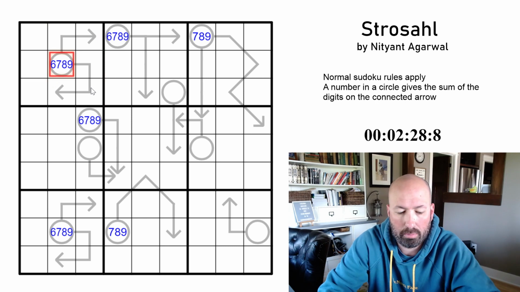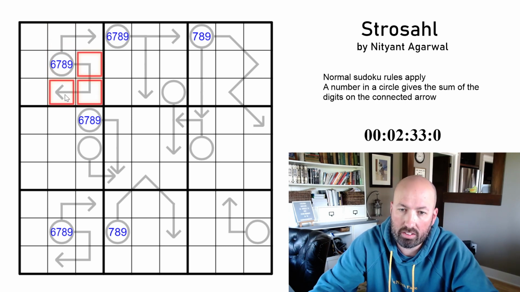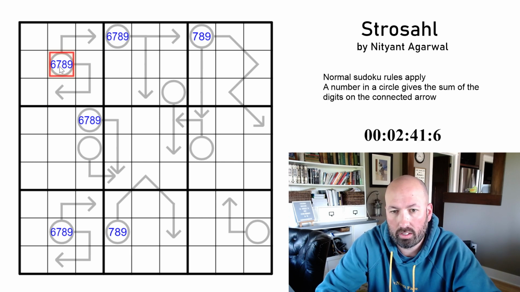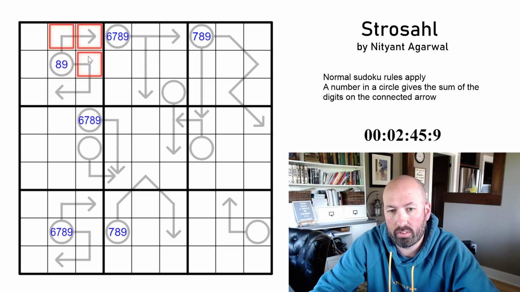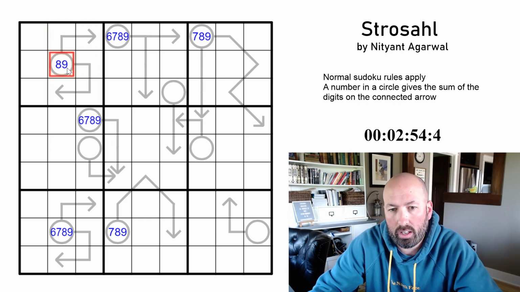So it obviously can't be 6, because whatever number is in here is going to be the sum of that and the sum of this. So essentially these 5 are going to equal 2 times this number. So it can't be 6. It also can't be 7 because 15 was the minimum, and if that was 7, these would be 14. Now it could be 8 or 9 because 16 and 18 are greater than 15, obviously. So that one's 8 or 9.